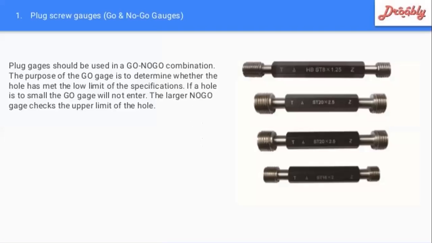In that we can see the first one, that is the plug screw gauges. This type of plug gauge should be used in a go gauge and no go gauge combination.